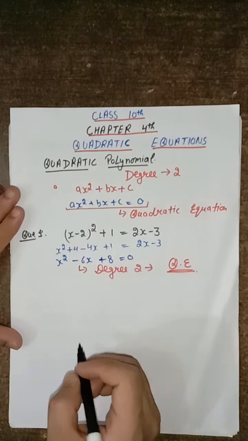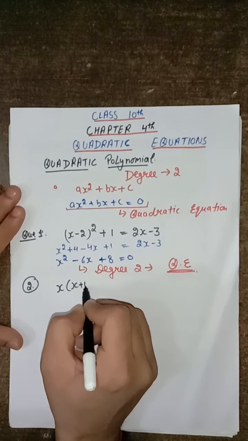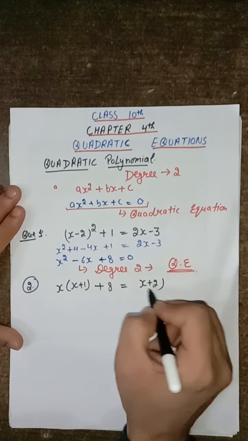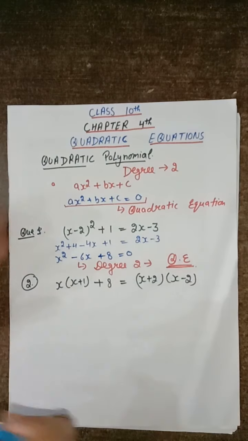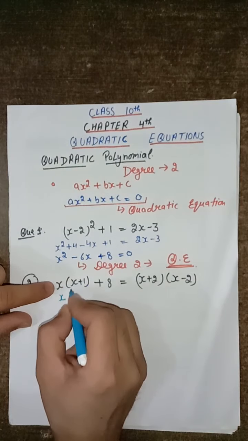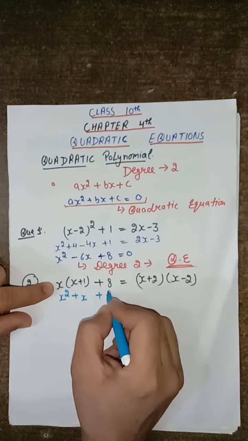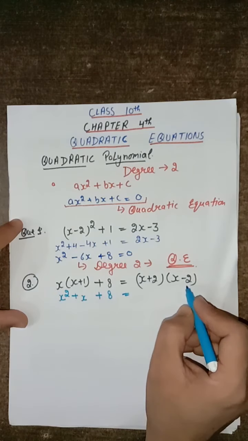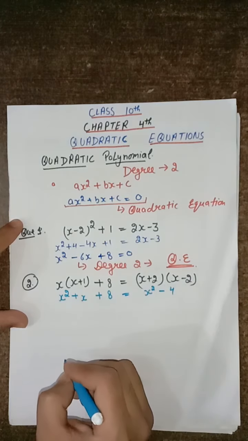Now take the second example. x into (x plus 1) plus 8 equals (x plus 2) into (x minus 2). Again simplify this. Multiply x into (x plus 1), which becomes x squared plus x plus 8 equals. This is (a plus b) into (a minus b), so this will become a squared minus b squared.